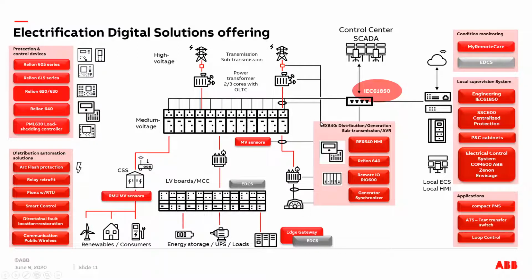So in addition, there are system level applications like SSE 600 and COM 600 or Xenon, which is a substation gateway, substation automation solution, which all works together to make digital switchgear a digital substation. Also, there are some communication devices in the portfolio. So this is just an overall view of what electrification digital solution can offer to make a digital switchgear.